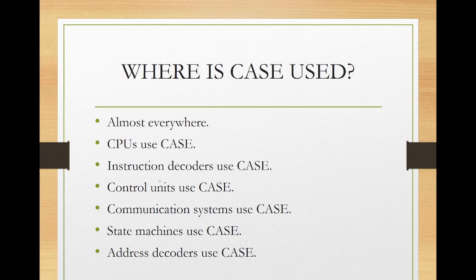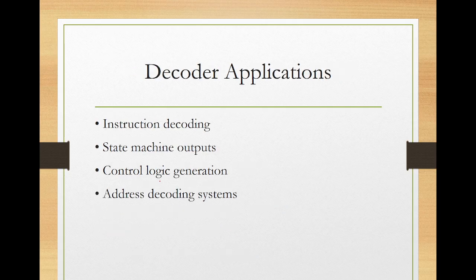Where is case used? Almost everywhere. CPUs use case, instruction decoders use case, control units use case, communication systems use case, state machines use case, address decoders use case. Once you start reading professional RTL code, you will see case constantly. Ever wondered how a processor understands instructions? Imagine 0001 add, 0010 subtract, 0011 multiply, 0100 divide.